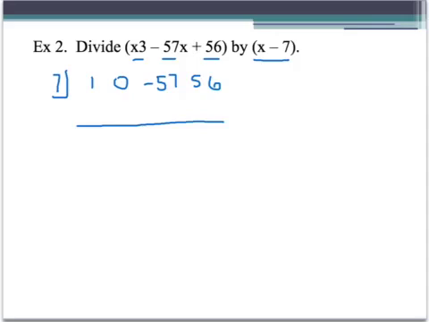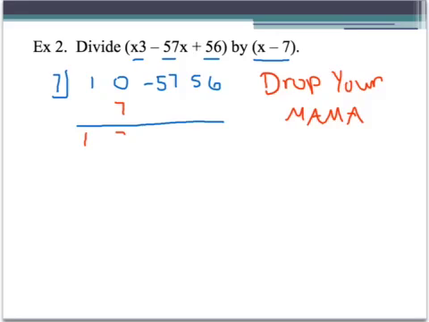And if you remember, drop your mama. It's going to stand for drop the first term, multiply that by our divisor. 1 times 7, we get 7. And now we add. Multiply again, and then add.